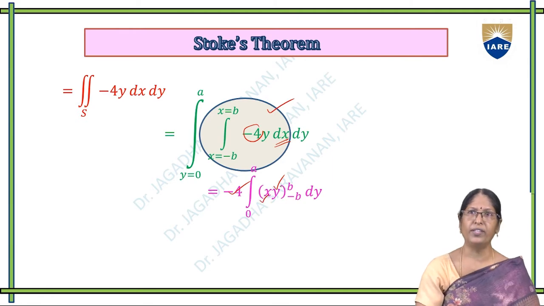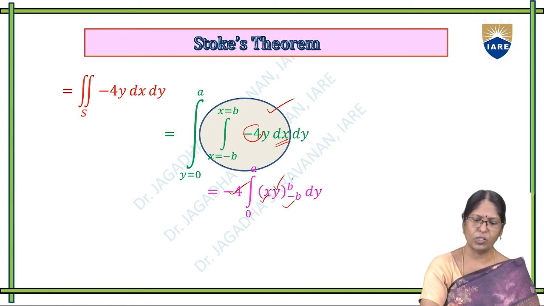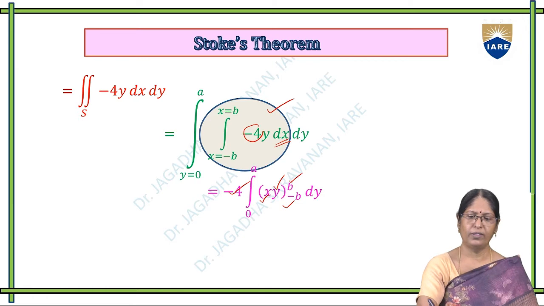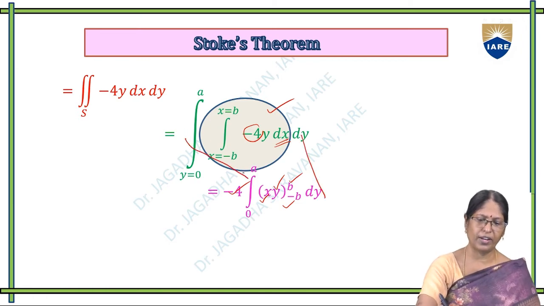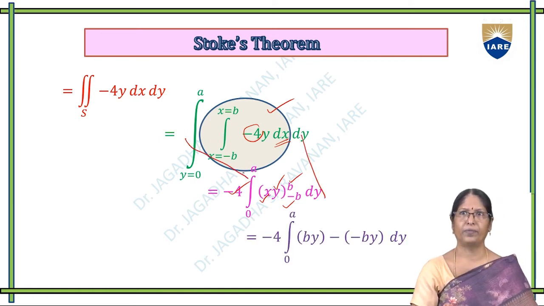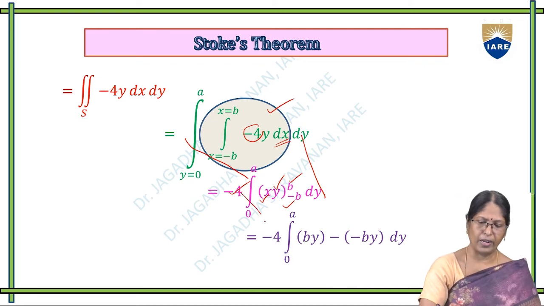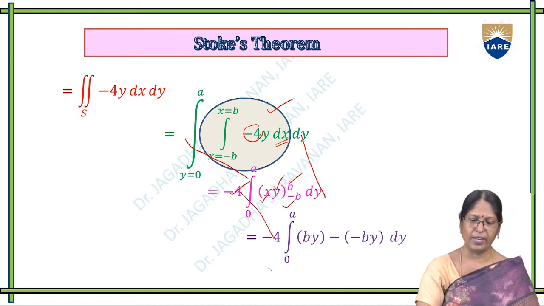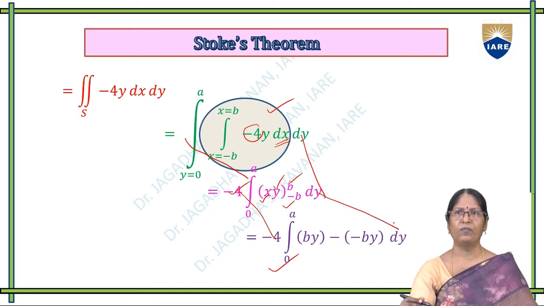The integration of dx is x from minus b to b, with dy and the outer integration as it is. Now, minus 4 as it is, this integral as it is, this dy also we didn't touch, we have written as it is, seeing the previous step.